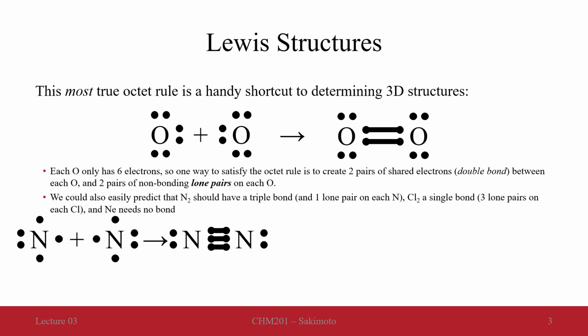In order to have a set of 8, each nitrogen is going to need to effectively share 3 electrons between those 2, such that this nitrogen considers that it has 1, 2, 3, 4, 5, 6, 7, 8 electrons. Same for the other nitrogen. In addition to being bonded through a triple bond between these 2 nitrogen atoms, each nitrogen will have 1 lone pair, compared to oxygen's 2 lone pairs.